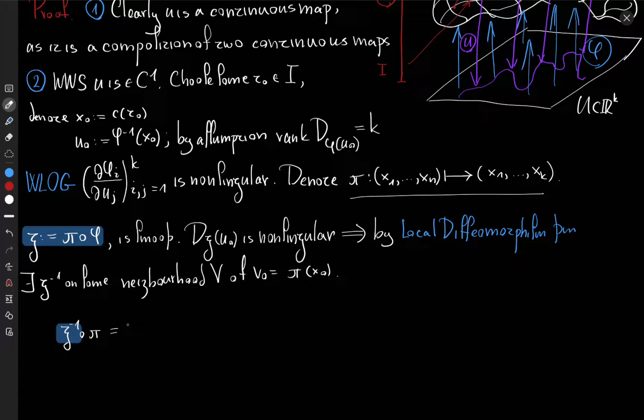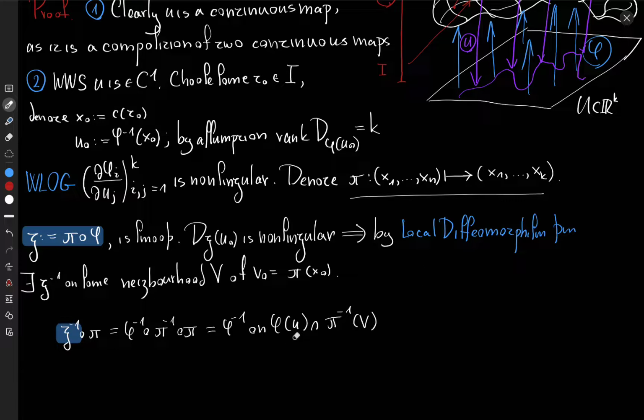G inverse is phi inverse composed with pi inverse composed with pi, and this in particular then is phi inverse. And it works then on phi of U intersected with pi inverse of V.